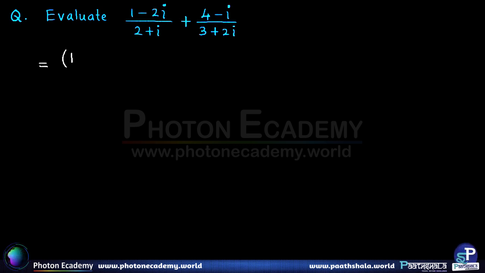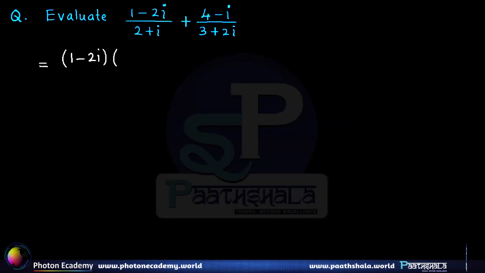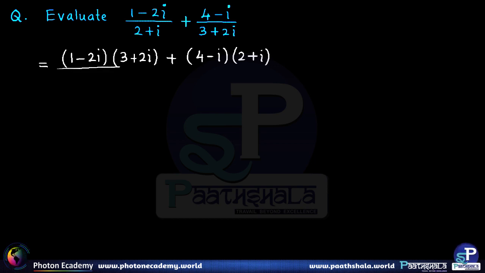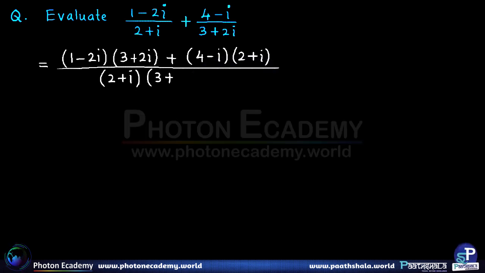So on cross multiplying, we will get (1 minus 2i) into (3 plus 2i) plus (4 minus i) into (2 plus i), whole divided by (2 plus i) into (3 plus 2i).